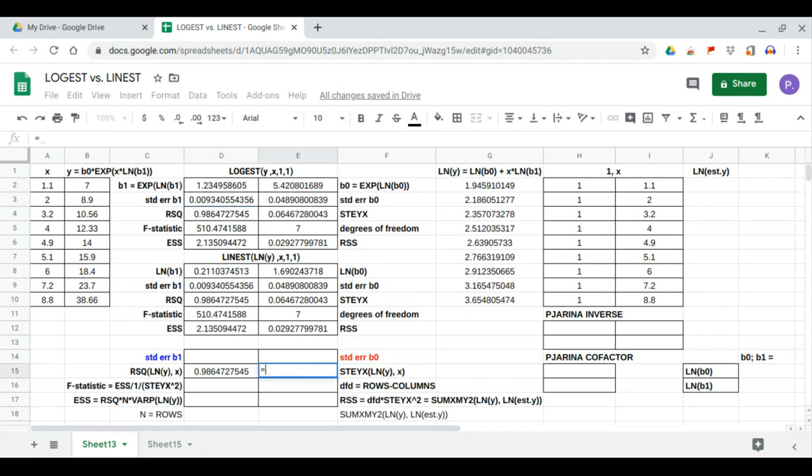We can also calculate the sey, or standard error estimate, of ln y and the x values. These also match our LINEST output and the LOGEST output. They're the same. We calculate the rows, the population, which is the rows of the data set.